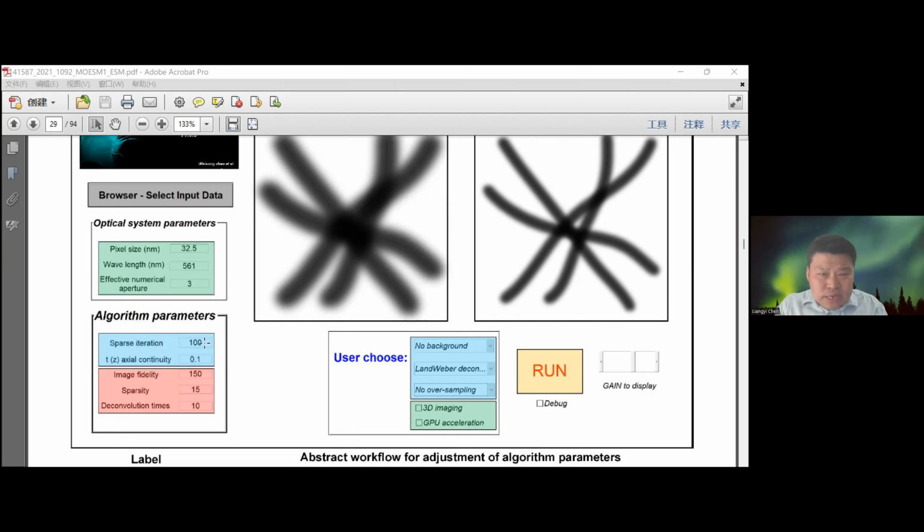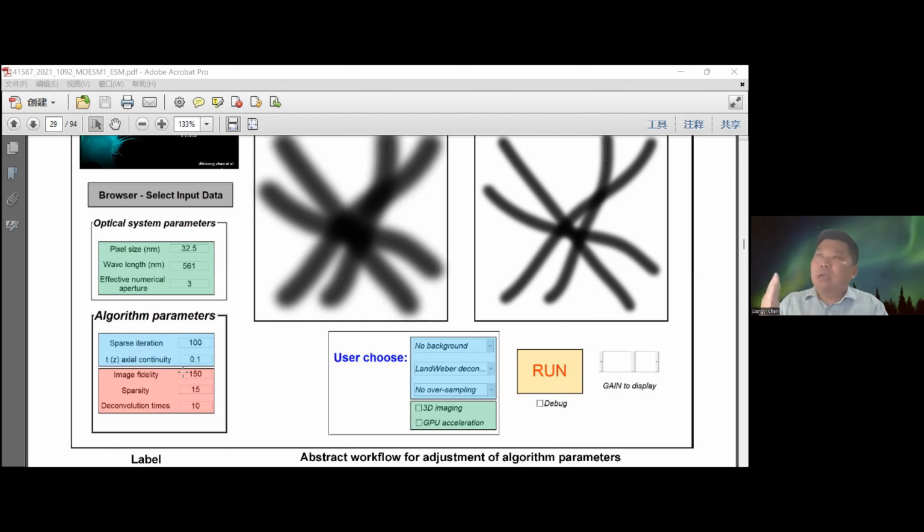sparse iteration times, with the continuity and with the fidelity, and this axial continuity, which is the temporal one, we dissociate from the spatial continuity, which is the inverse of the fidelity here.